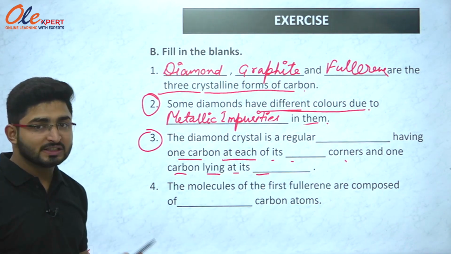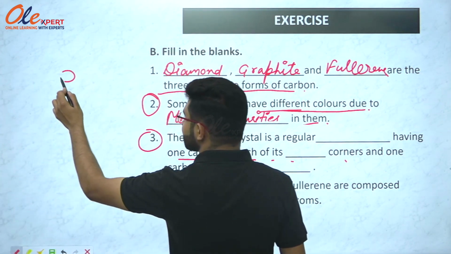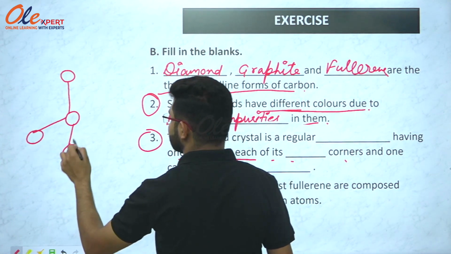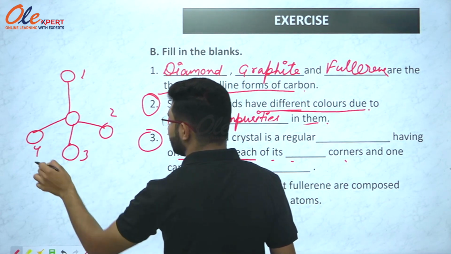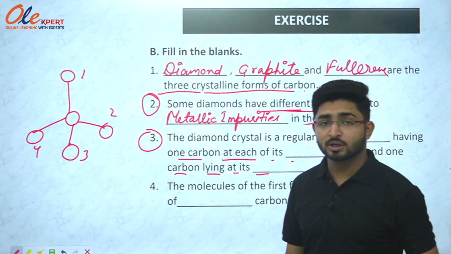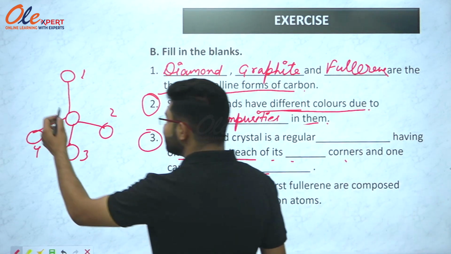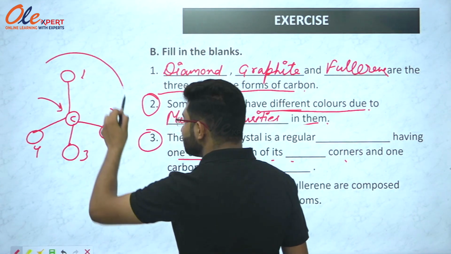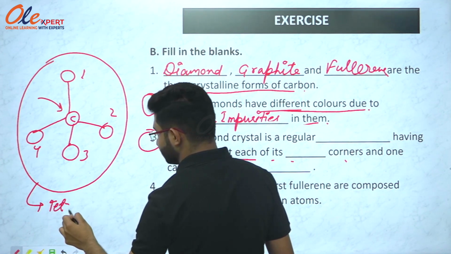So firstly we have to see what the structure of diamond is. We have studied that the structure of diamond looks like this. There are four corners, first, second, third and fourth, and on each corner there is one carbon atom attached to it. And at the center there is also a carbon. So you can see that this whole structure is a regular tetrahedron structure.